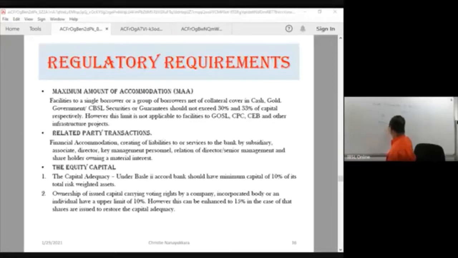Customer B also wants 4 billion. As collateral, from A we get 1 billion cash, and from B we get 0.5 billion cash.